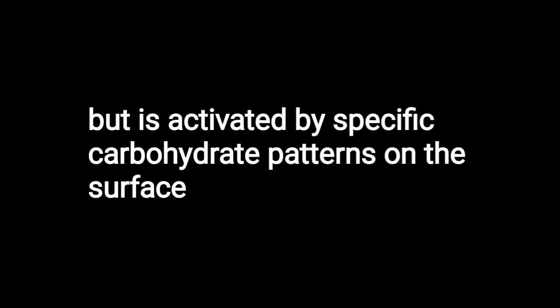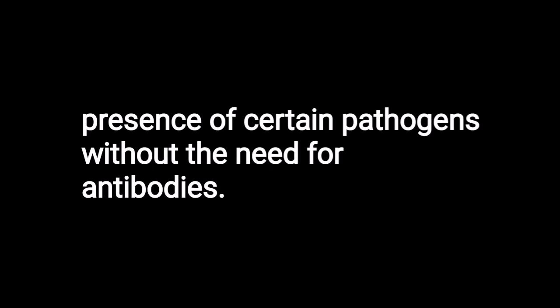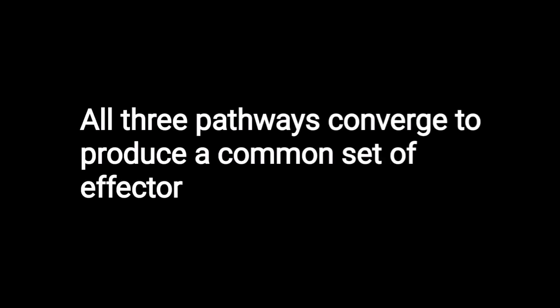The lectin pathway is similar but is activated by specific carbohydrate patterns on the surface of pathogens, while the alternative pathway is activated spontaneously in the presence of certain pathogens without the need for antibodies. All three pathways converge to produce a common set of effector functions.